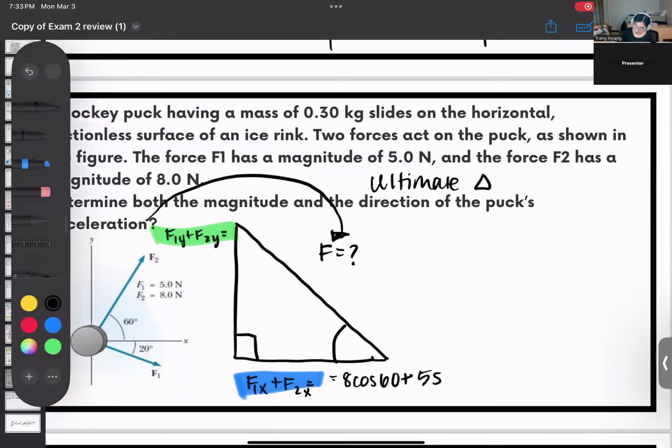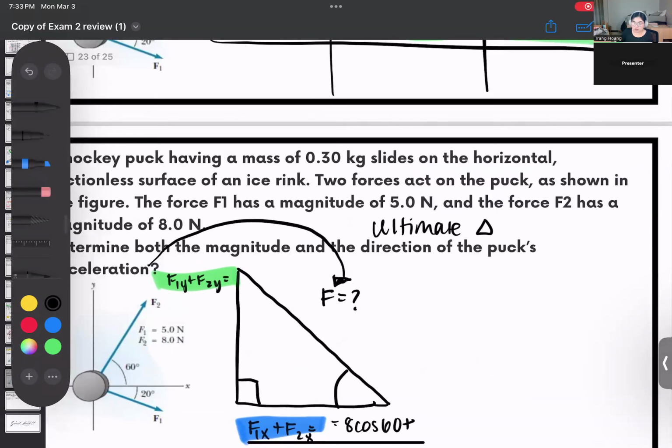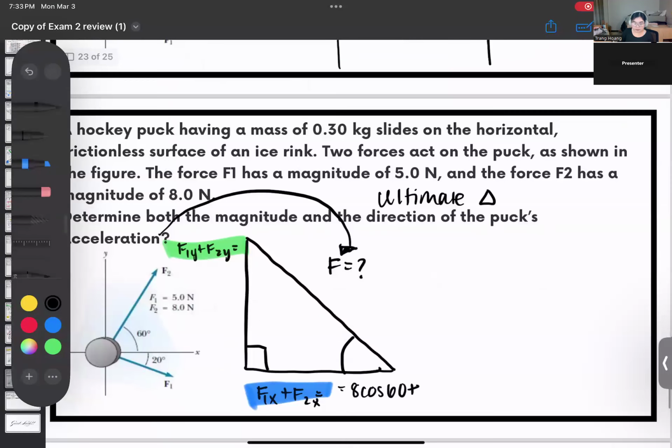And this is going to be equal to, oh, I messed up. 5 cosine 340. And she can share about 8.7, okay? And this is basically what we're doing. We're basically finding the sum of forces in the x direction. Isn't that crazy?